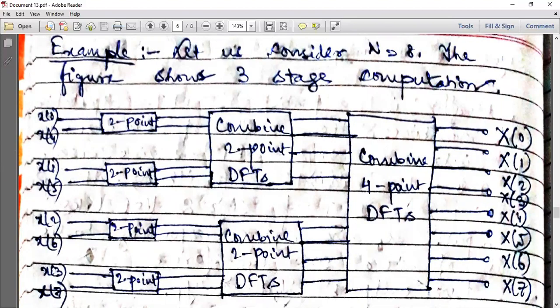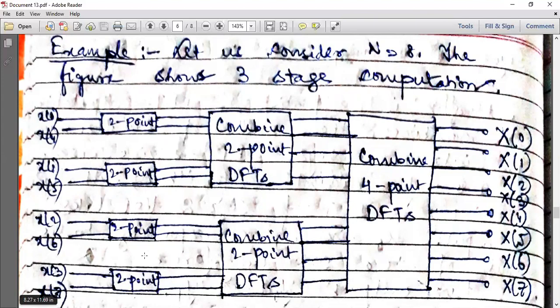So you see x0, x4, x1, x5, x2, x6, x3, x7. Why x0, x4? There are actually n equal to 8, which means x0, x1, x2, x3, x4, x5, x6, x7. Clear?